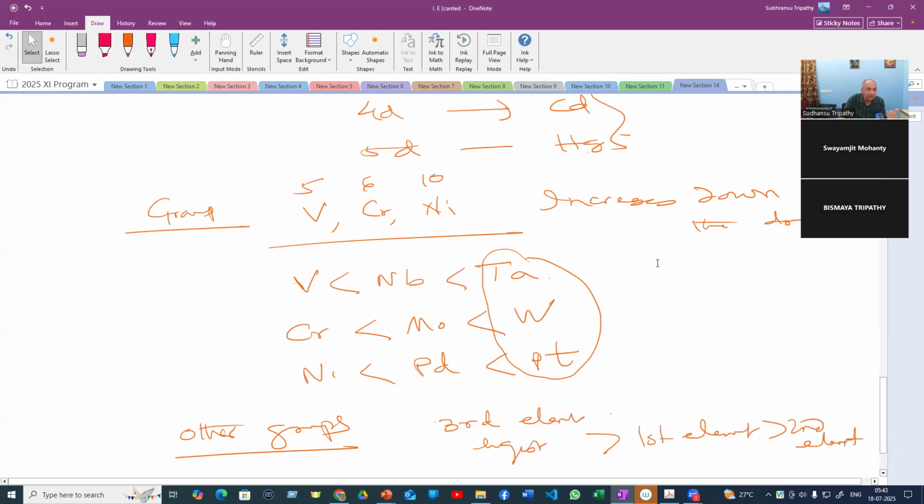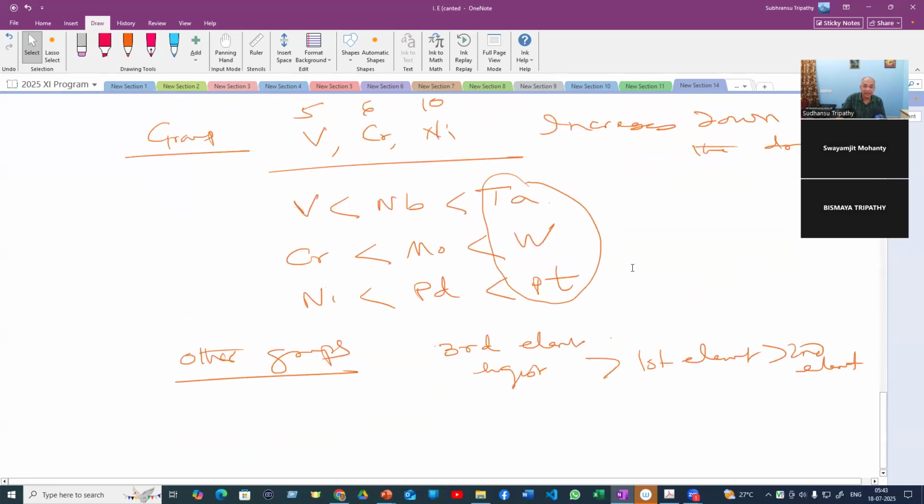So there is a decrease from first to second, as expected from any other normal group. As you go down, the size increases and IE decreases. But at the end, the third element has the highest. It is due to the lanthanide contraction effect. This is particularly post-lanthanide.